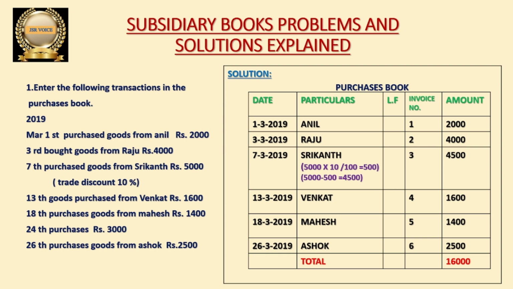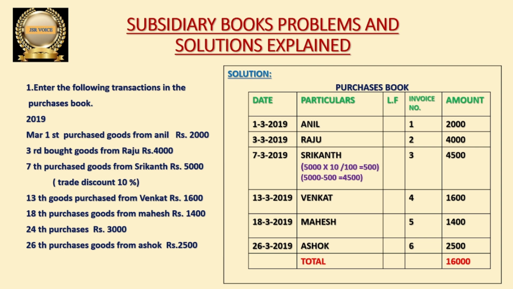And let us go to next transaction, that is March 3rd 2019. Bought goods from Raju, rupees 4000. Bought means purchased. Purchased goods, so that is related to goods, not assets. Raju, name of the person is given.